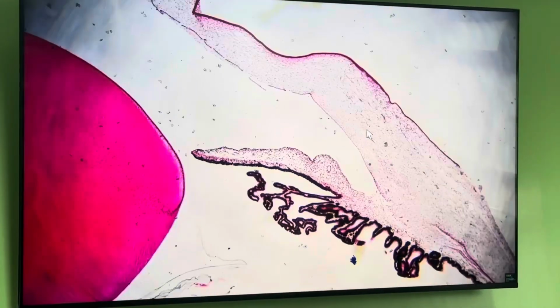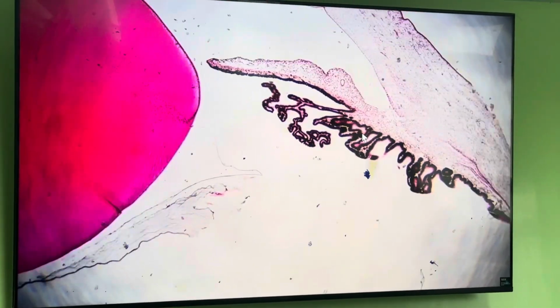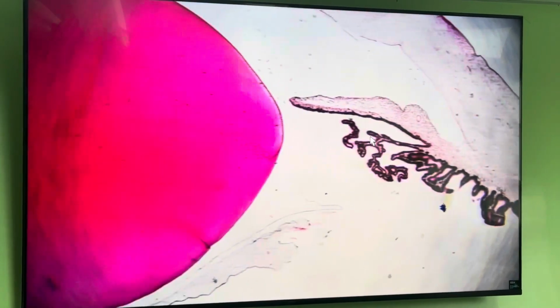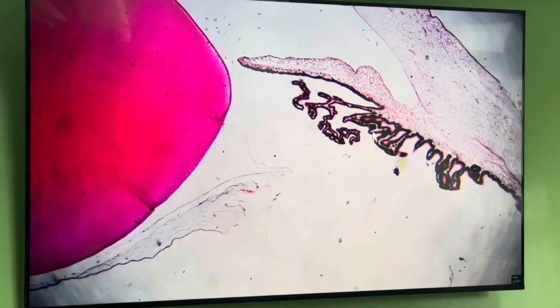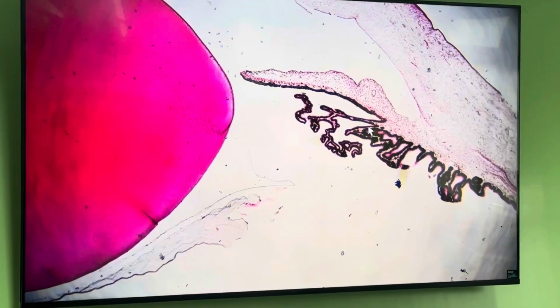Then we have a middle layer, which would be composed of the vascular coat, and this would comprise the iris, the choroid, and then we have the ciliary body. And then the inner layer would be composed of the retina, this particular area.